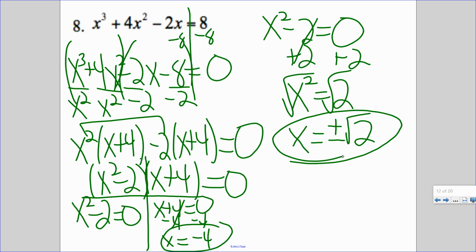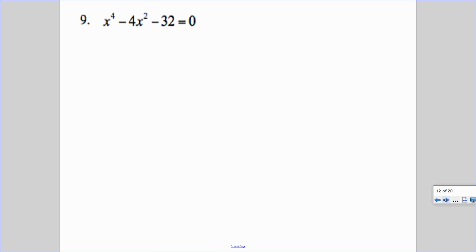Again, if you end up with just x squared and a number, isolating and taking the square root is the easiest way to get those answers. And make sure when you're taking the square root, you put the plus or minus. There should be 3 answers. 1, 2, 3.